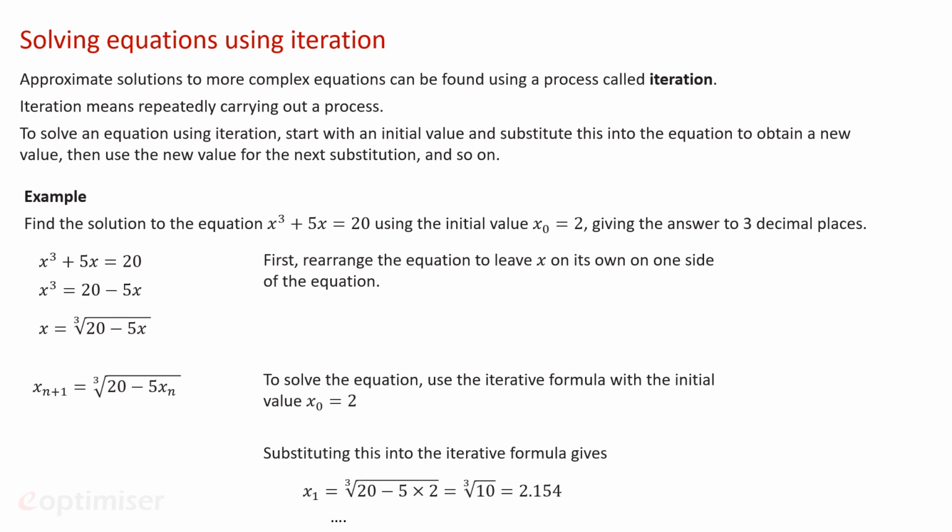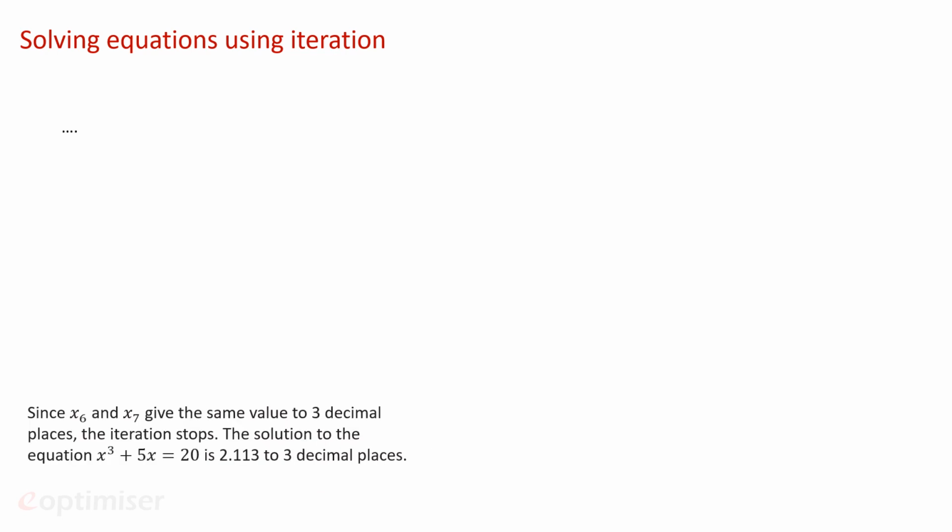So we will be getting x1 is equal to the cube root of 20 minus 5 into 2, where x0 is equal to 2. Therefore, you will be getting the cube root of 10, that is equal to 2.154. You can use the calculator to find this one. So now we know that x1 is equal to 2.154.